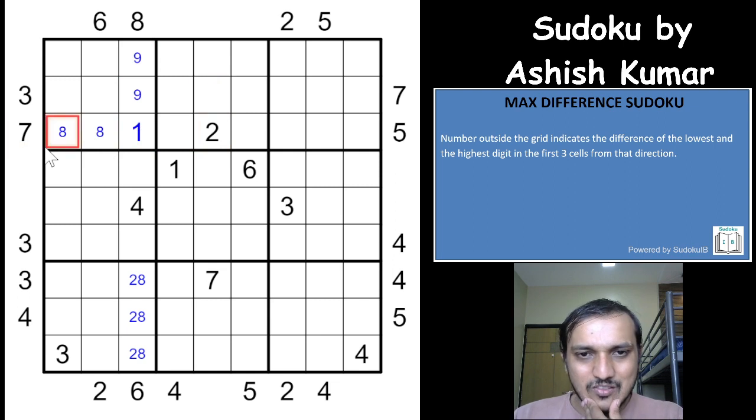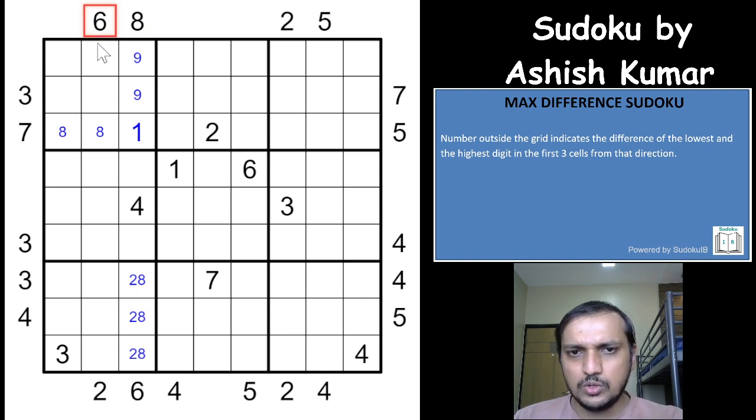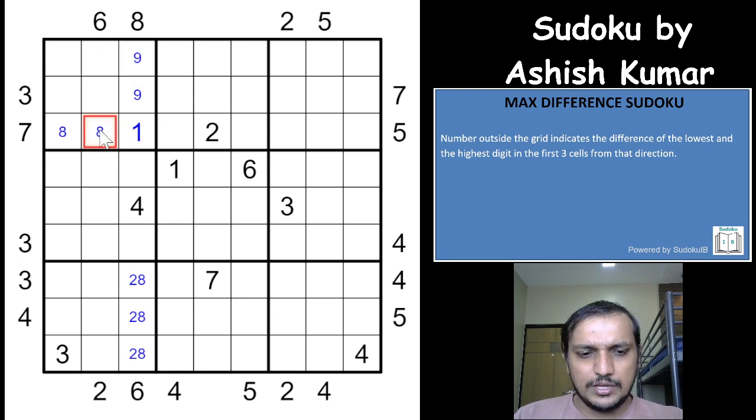Okay, so 7 is done, 8 is done. For the 6, again 3 possibilities, 1 and 7, 2 and 8, or 3 and 9. 1, 7 is gone, 3, 9 is gone, it has to be 2, 8. So 8 has to be here, 2 is in one of these 2 cells, right? 6 is also done.